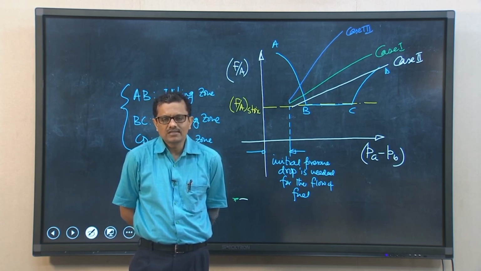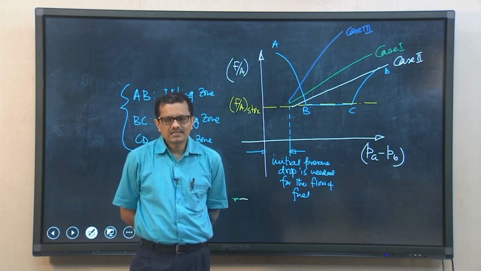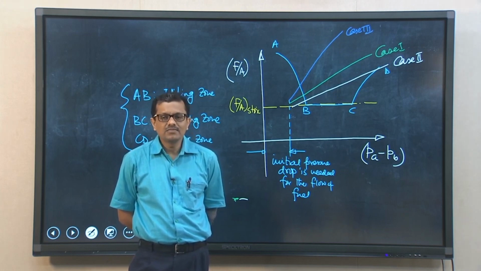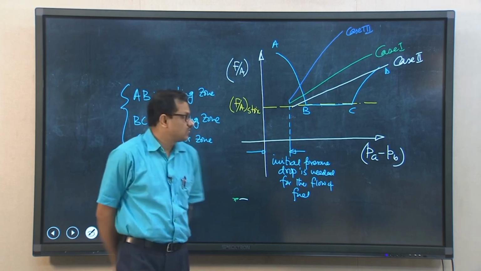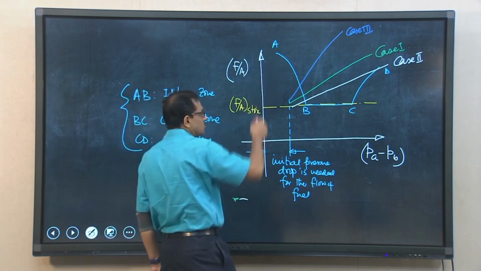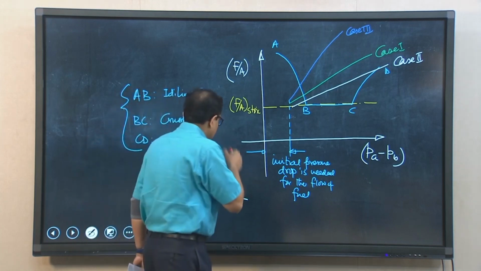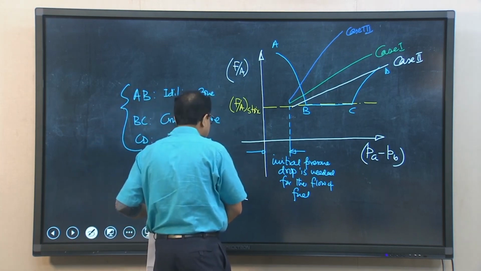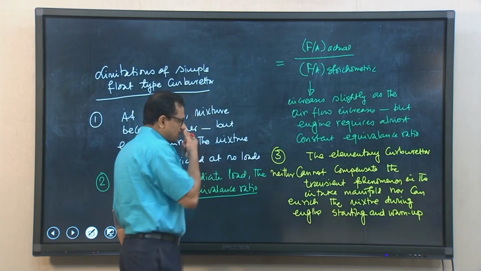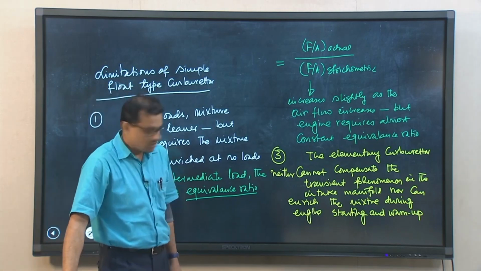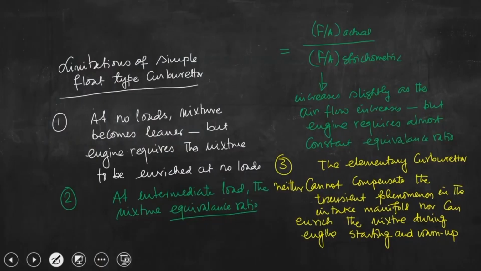So, basically no load is extracted, there is no load, but still the engine is running and we need a higher fuel air ratio or rich fuel air ratio. We had discussed that we need to supply more amount of fuel. Now, what we can see is that this elementary carburetor neither can compensate the transient phenomena in the intake manifold, nor can enrich the mixture during engine starting and warm up.